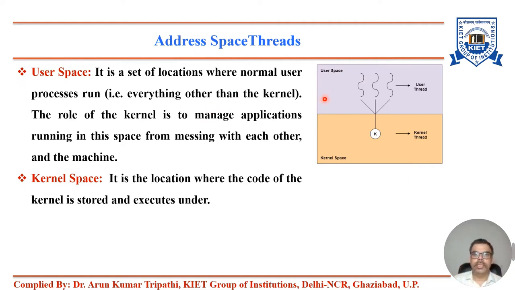So here, this is the user space and this is the kernel space. Kernel space is the location where the code of the kernel is stored and executed. Means kernel level code resides in the kernel space and is always executed by the kernel.